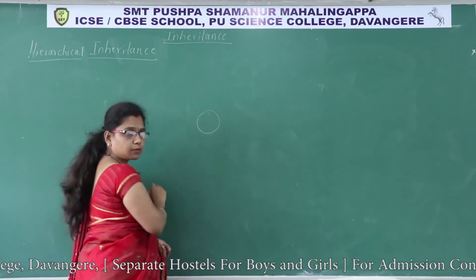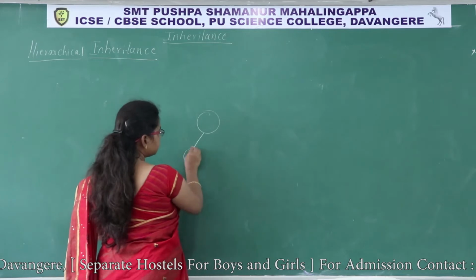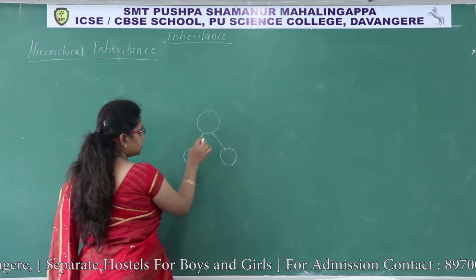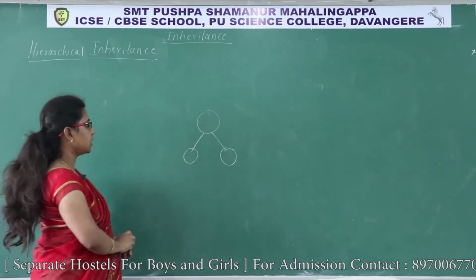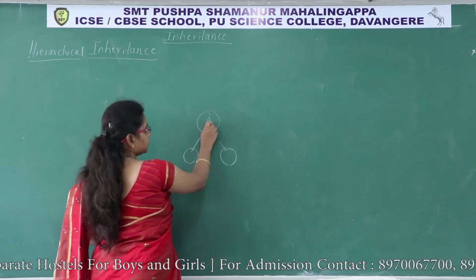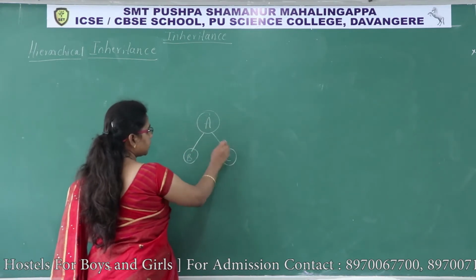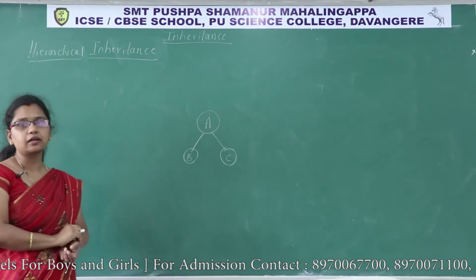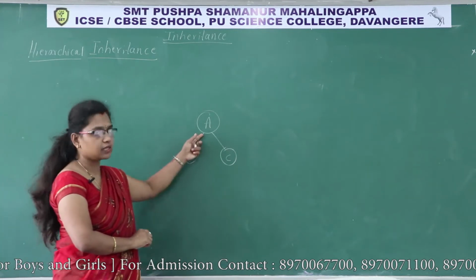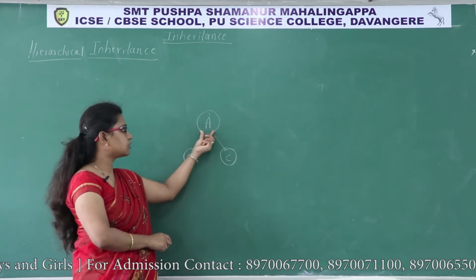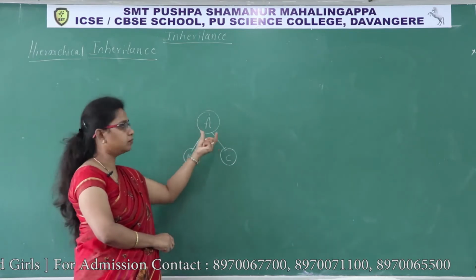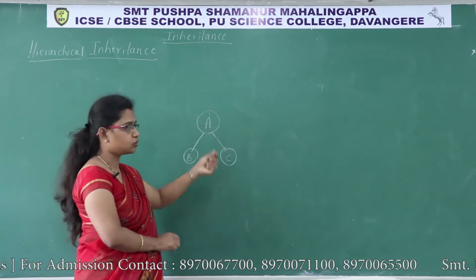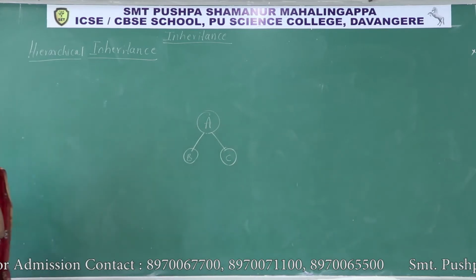Let us consider this is a base class and these 2 are the derived classes of this class. If it is class A, class B, class C, B and C are derived classes of class A, and these 2 access the properties or members of class A. Understood? So let us write the definition first.